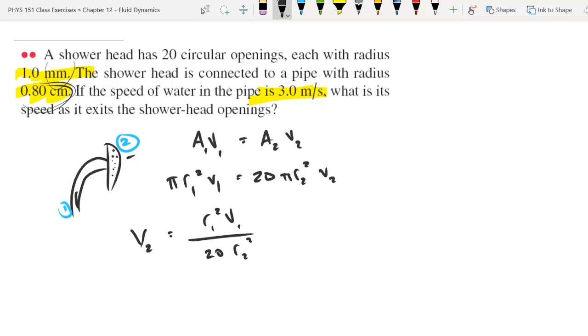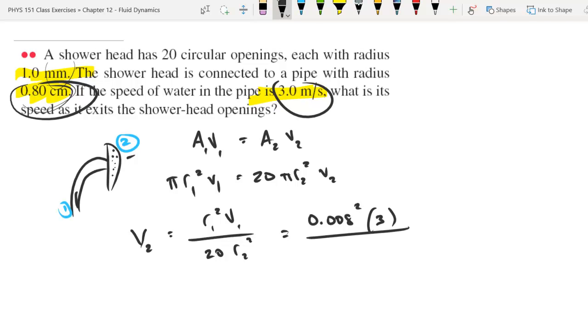And so R1, this was the 0.8 centimeter radius, right? So this is going to be in meters, that's 0.008 meters. And then squared, times velocity 1, which is 3 meters per second, divided by 20 r2 squared.